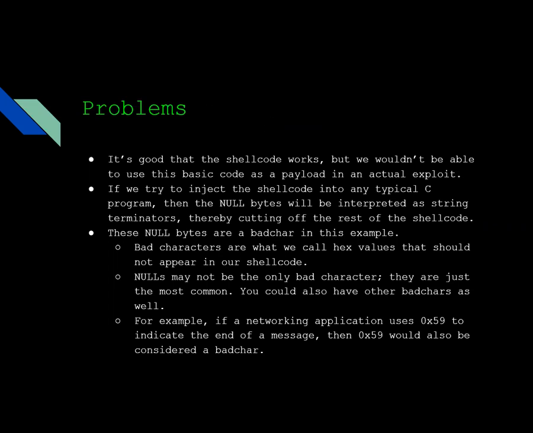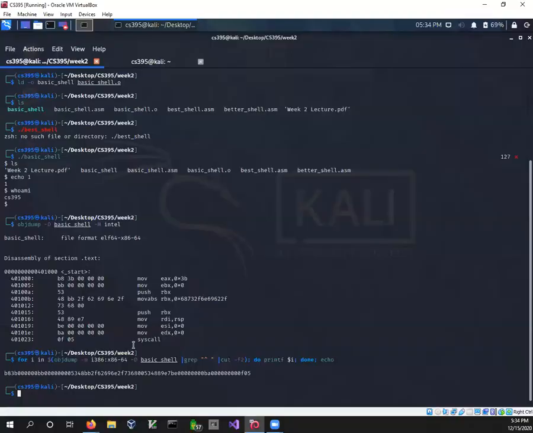If I go back to the shellcode real quick, what I'm talking about are these bytes right here, these zeros. Zeros are going to be interpreted as null bytes. As soon as we try to inject these bytes into any program, most programs will just cut off everything that comes right after that. So what will happen is we inject B83B00, and then it sees those two zeros and ignores everything that comes after. And we don't want that to happen.